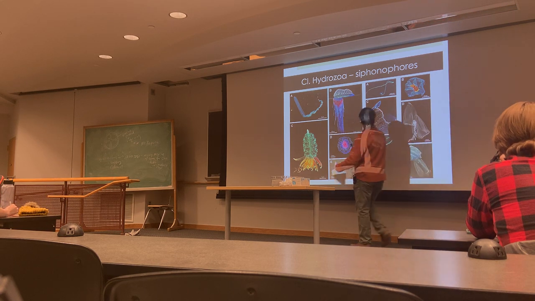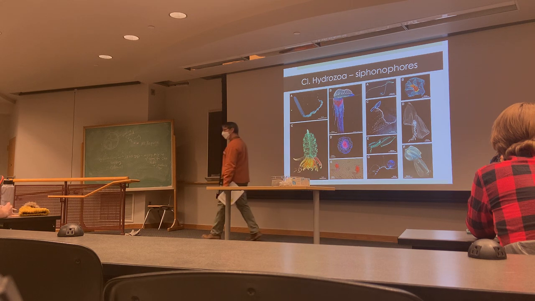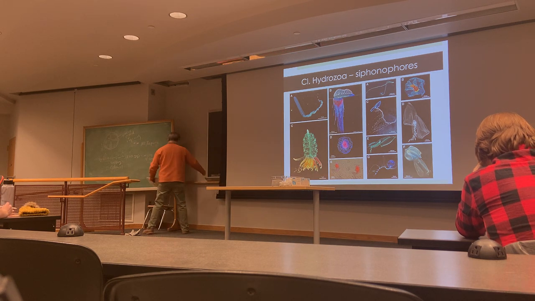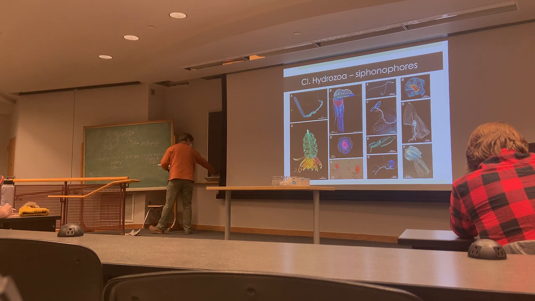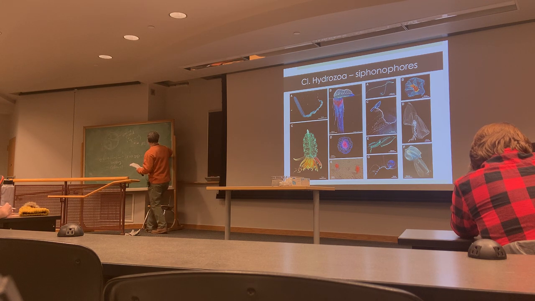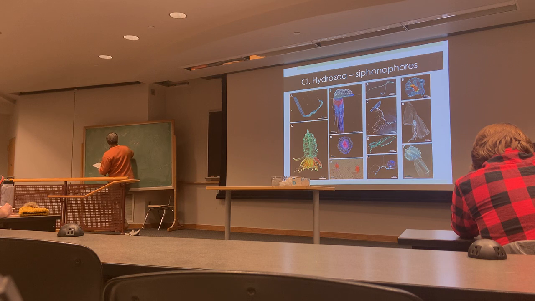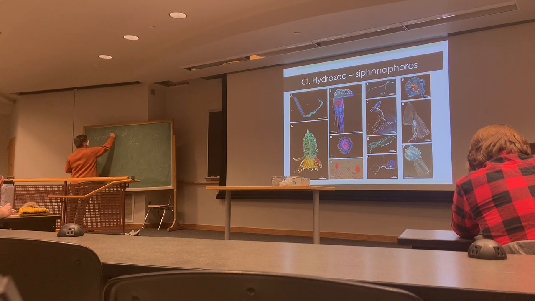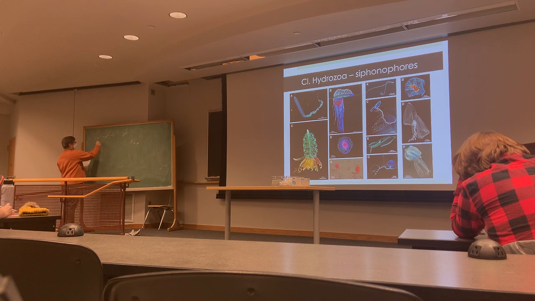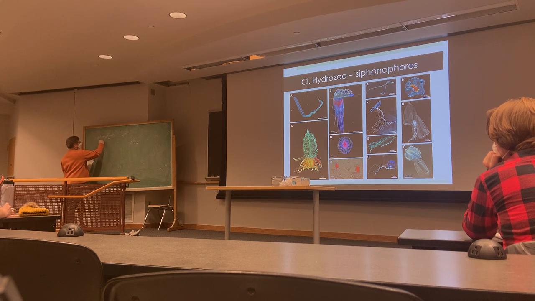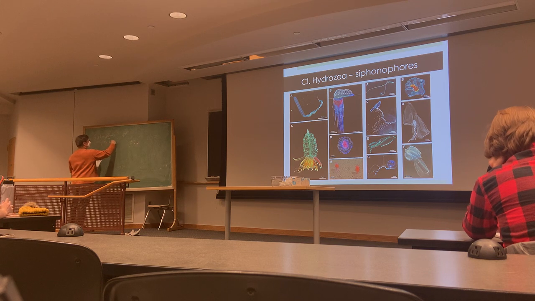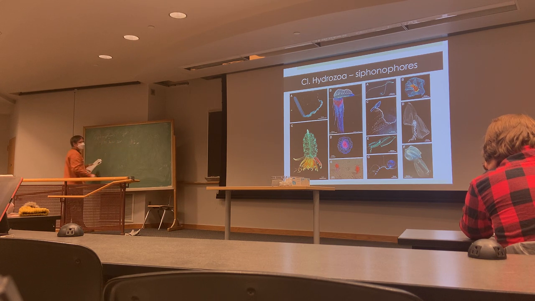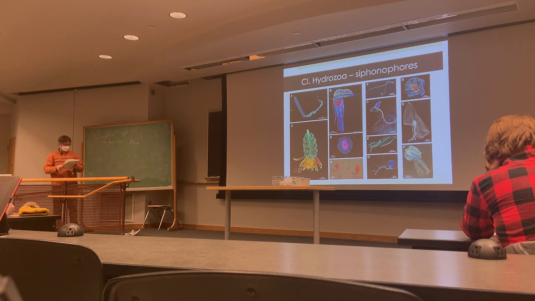Siphonophores, I showed earlier the Portuguese man-o'-war, but there's a lot of diversity in siphonophores. And again, these are a bizarre group of hydrozoans with around 170 described species, not all that large, but great morphological diversity.